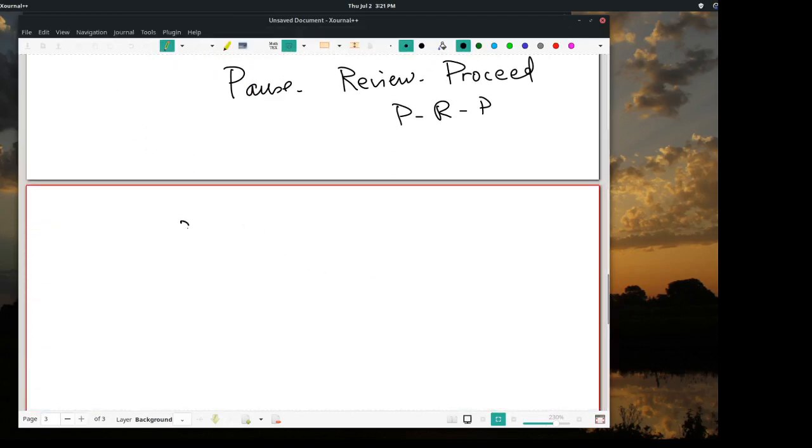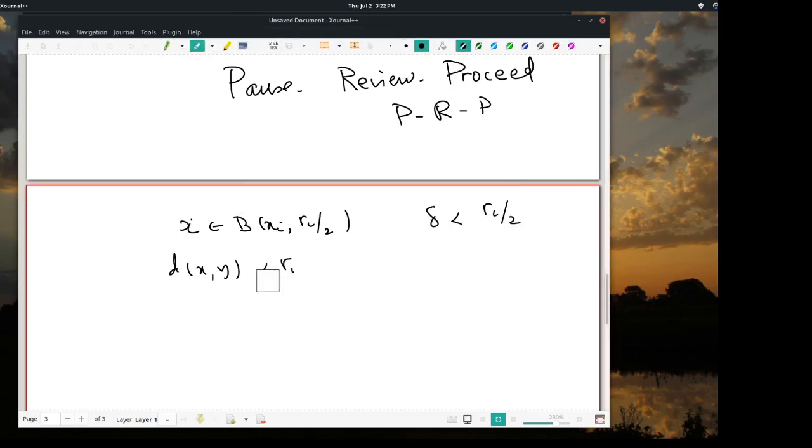The point is, if x belongs to B(xi, ri by 2) and my delta is less than, let's say, ri by 2, and the distance between x and y is less than delta, now I want to say this implies y also belongs to B(xi, ri). Why? This is what I want to claim.